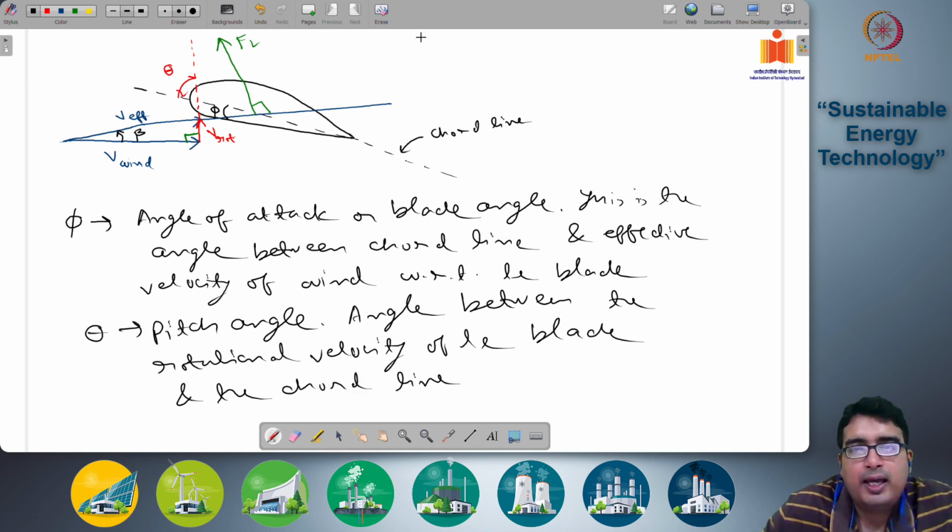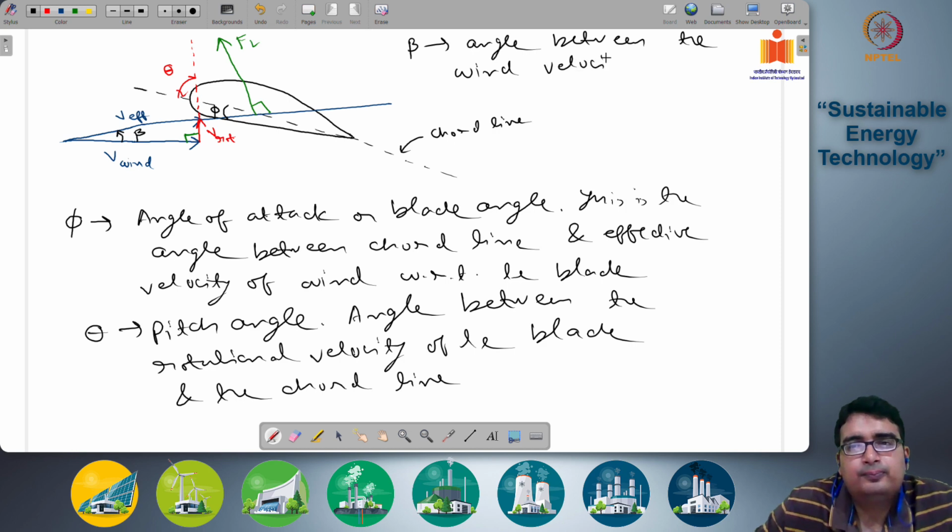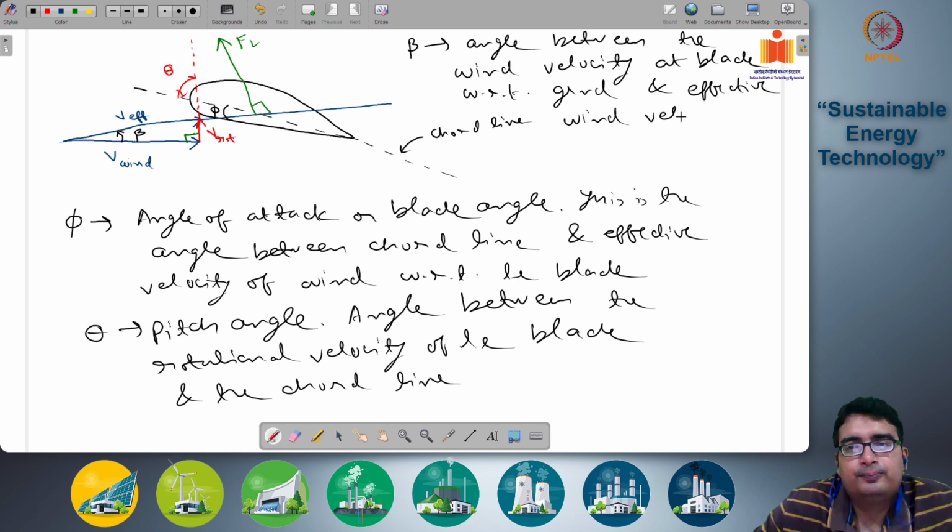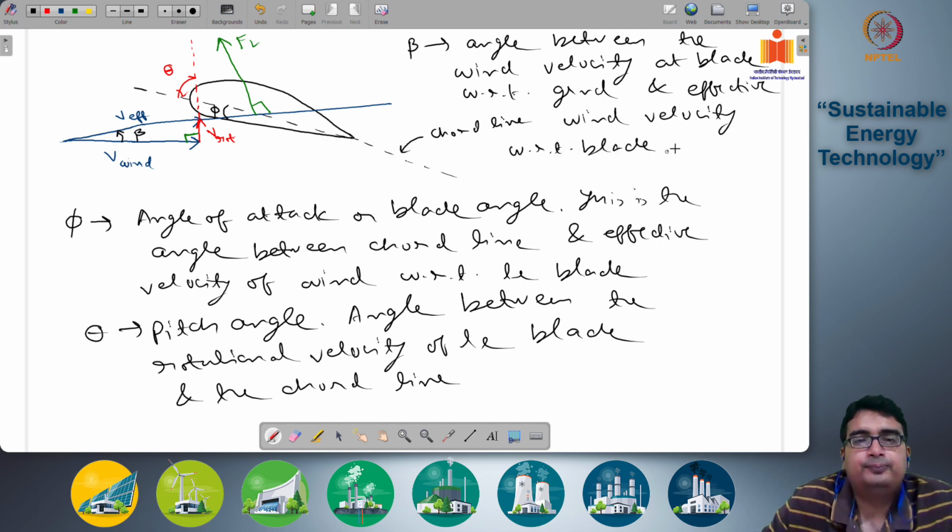Okay, and beta is the angle between the wind velocity at the blade with respect to ground and the effective wind velocity with respect to the blade.